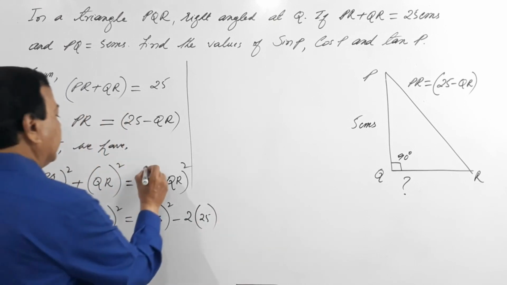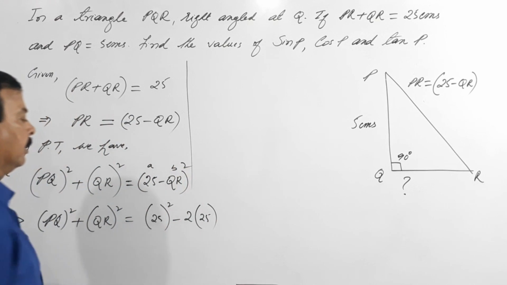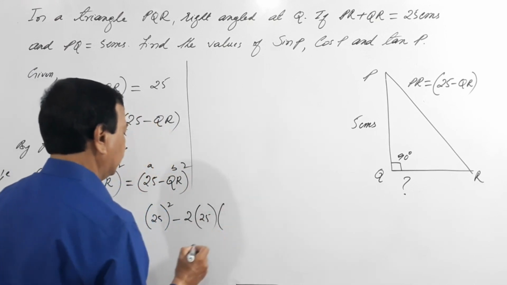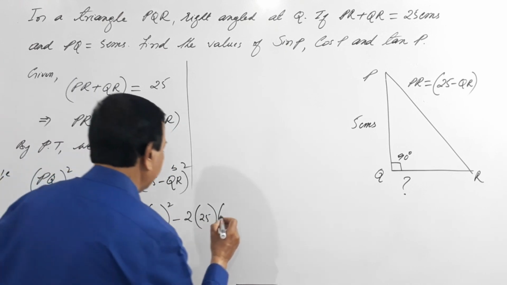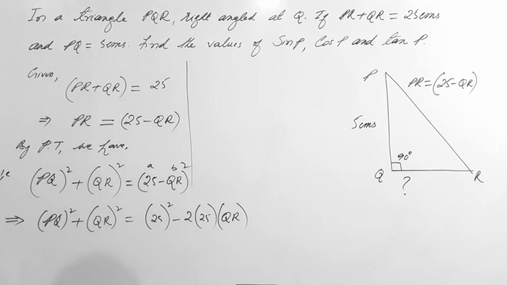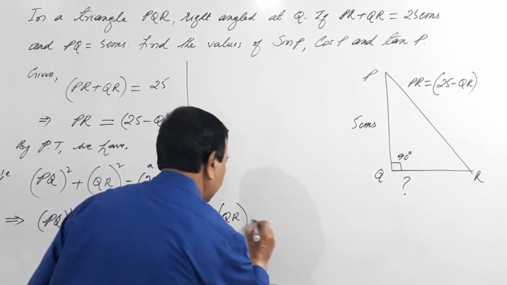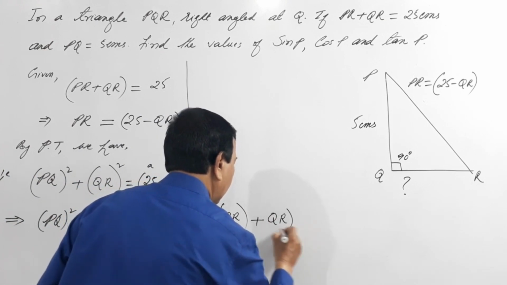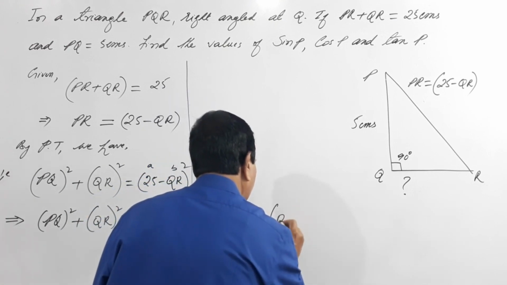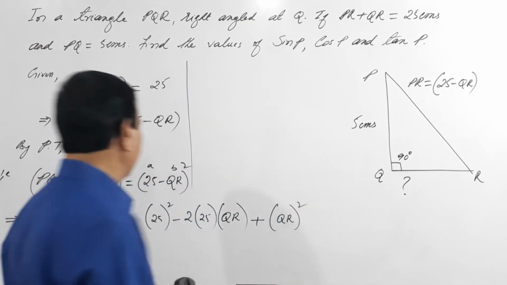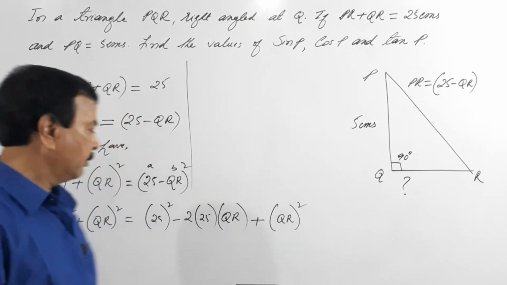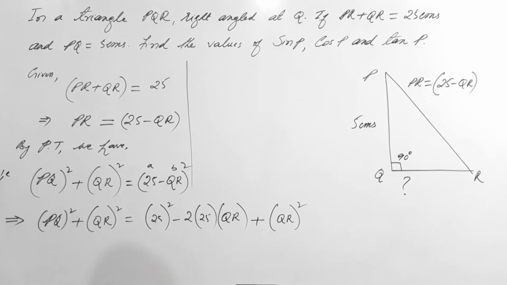Let us call this A and this B. So A is 25, B is QR, plus B square, that is nothing but QR square, that is A square minus 2AB plus B square. So you got this. Let us solve here.